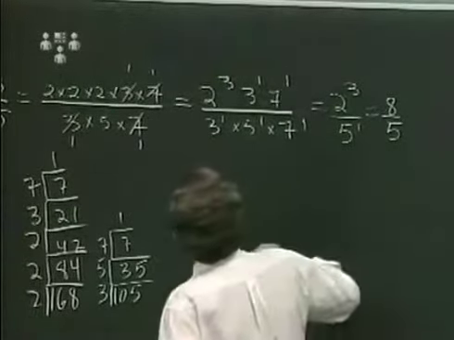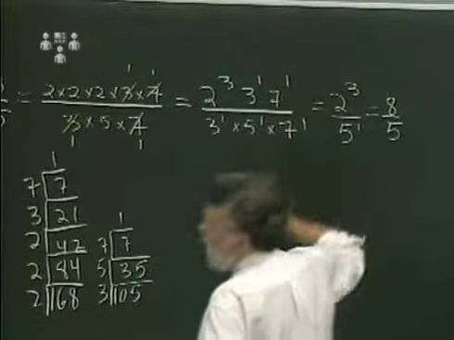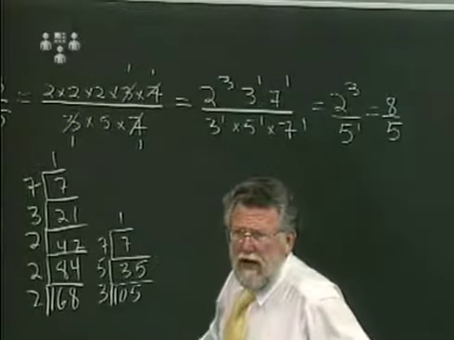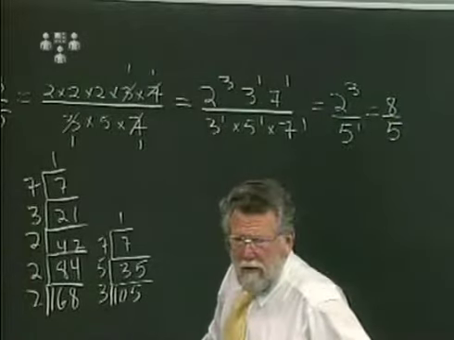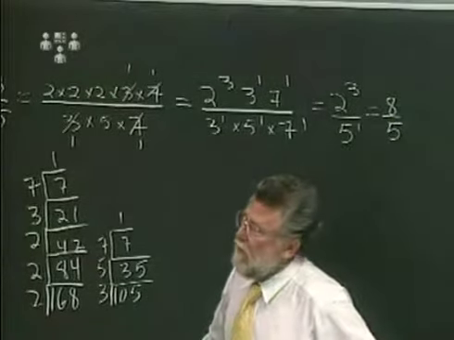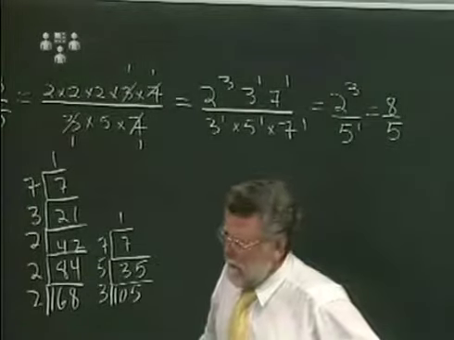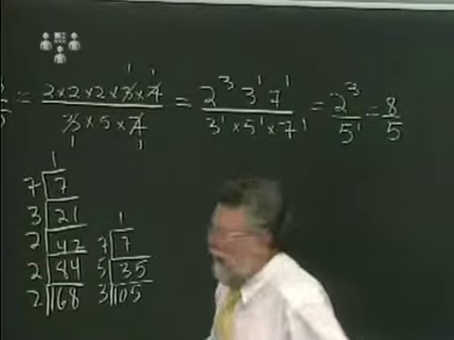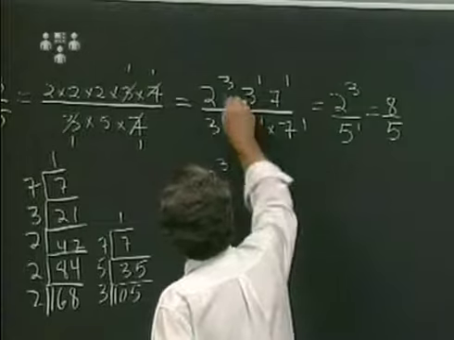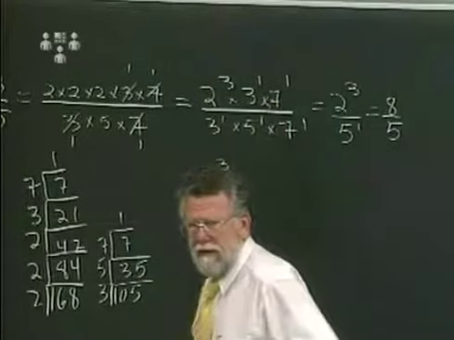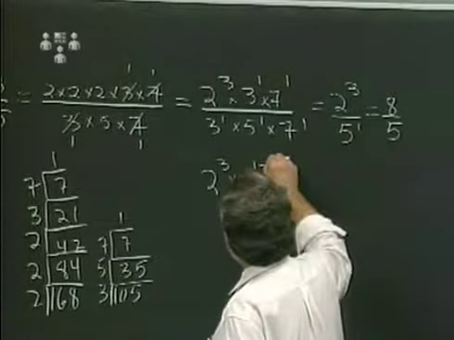Now, if I look at it in this way, with the 3 to the first over 3 to the first and 7 to the first over 7 to the first, I note that I have a common base and exponent. Now I've got to stop and think what we've done at this point. We've done subtraction of exponents, correct? So I could say that I have 2 to the third, and I should have put in the times symbols there for the moment, times 3 to the first minus 1.